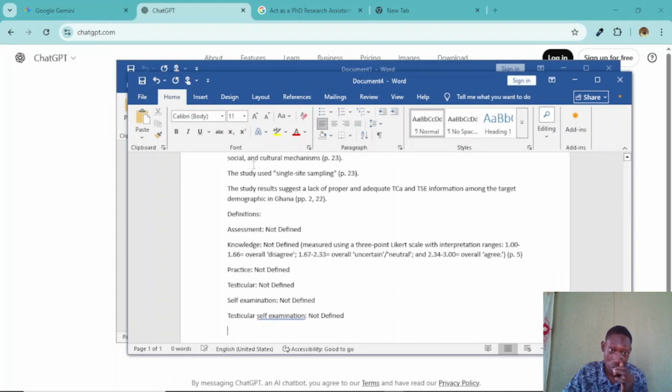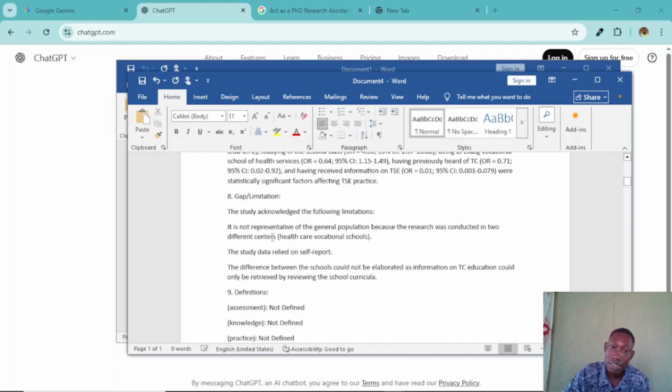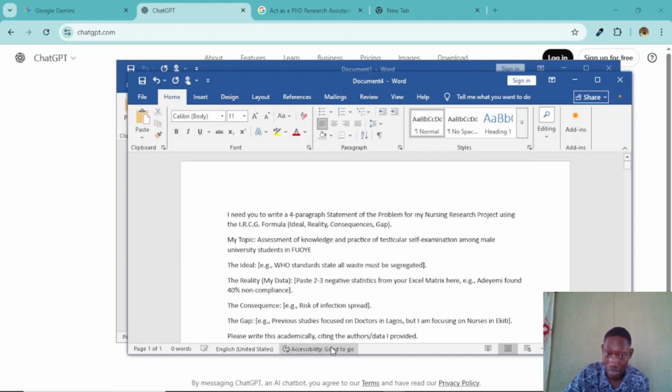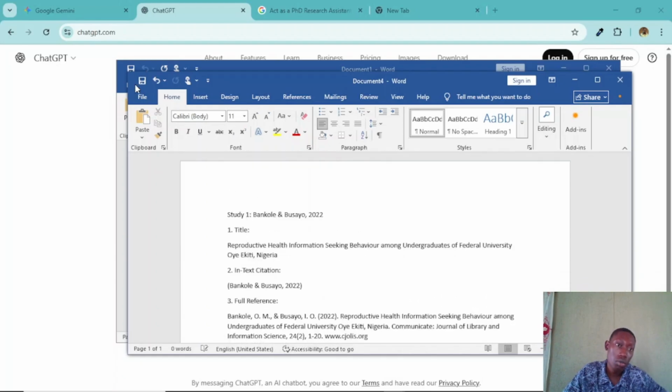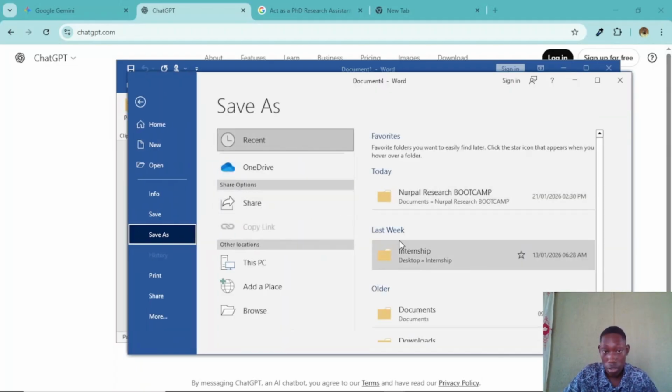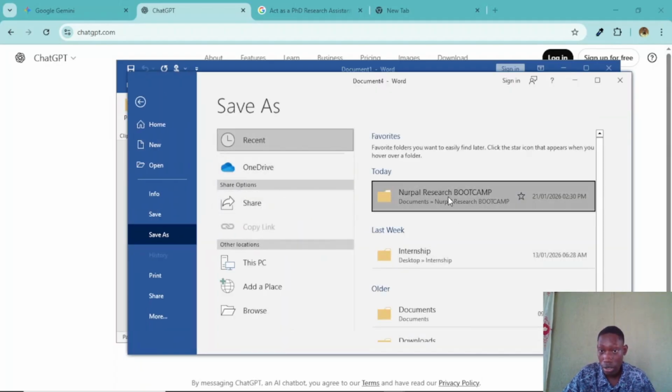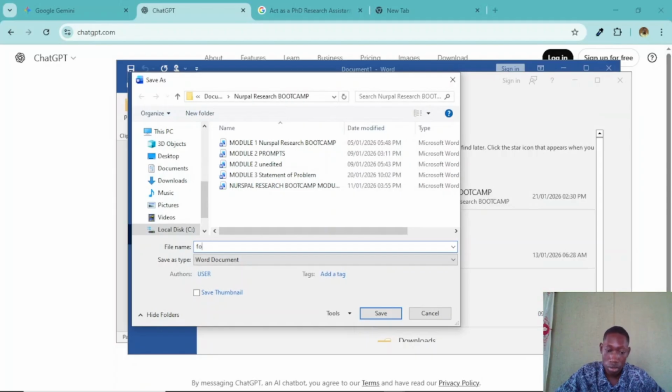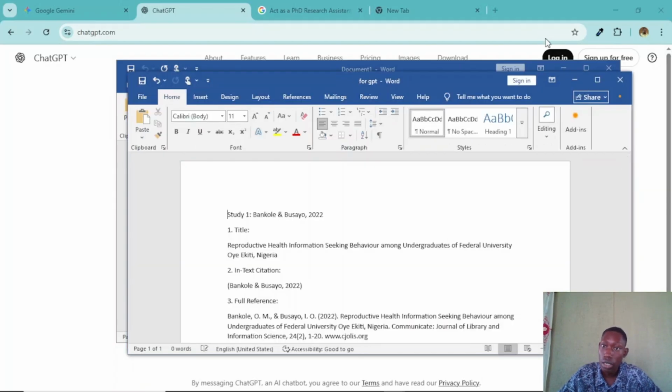Yes, it is long, but it will accommodate it. So after pasting it here, this is the analysis of everything. So what you do is just save it, Control S. Let me just save it as for GPT. Alright, that one is done.